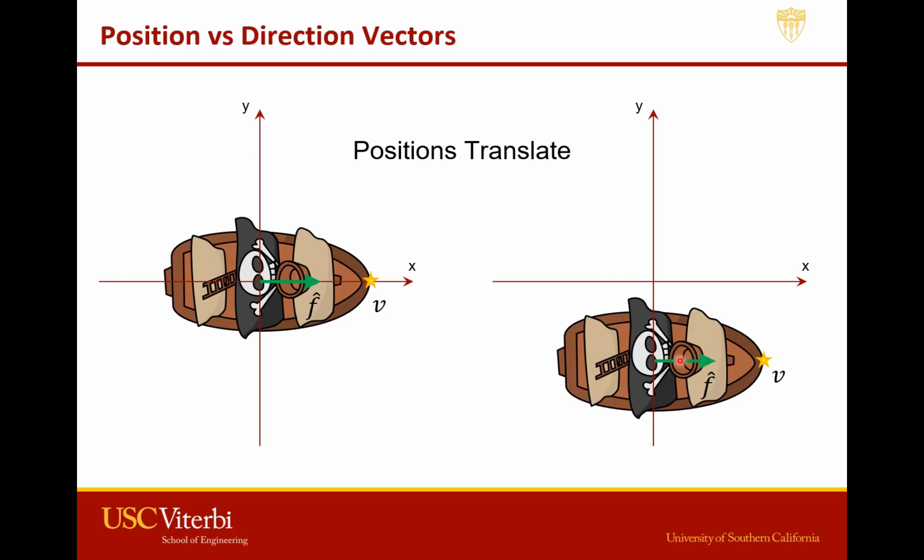It still points straight down the x-axis because direction vectors do not translate. Direction vectors rotate, but they don't translate. That's the difference between direction vectors and position vectors. Now that makes them a little bit different, and that means we have to treat them differently in the math.